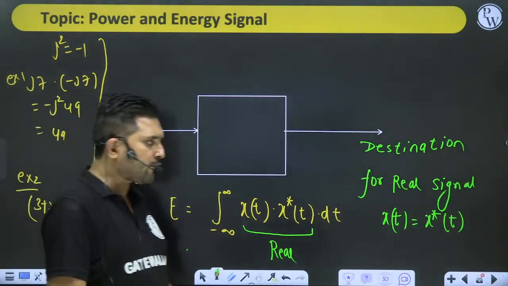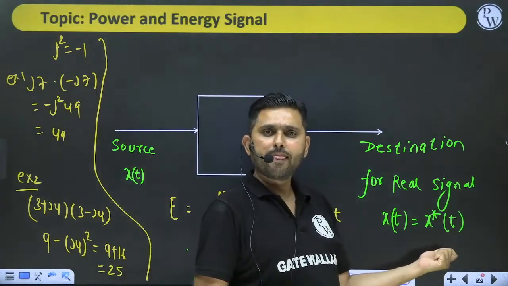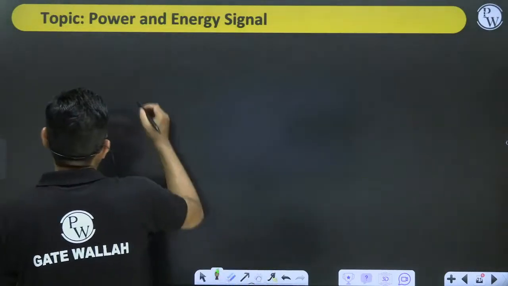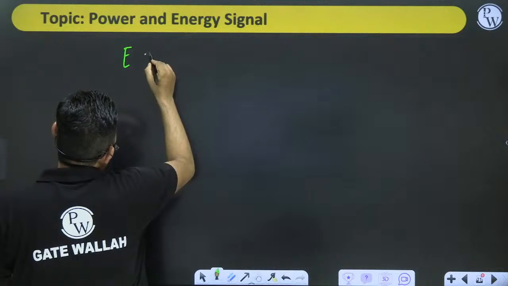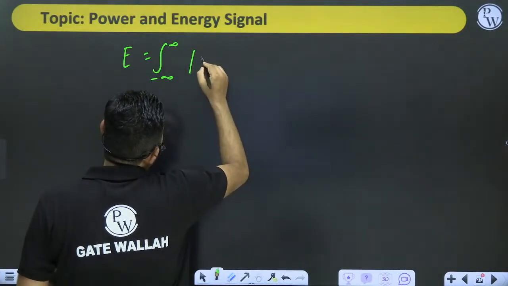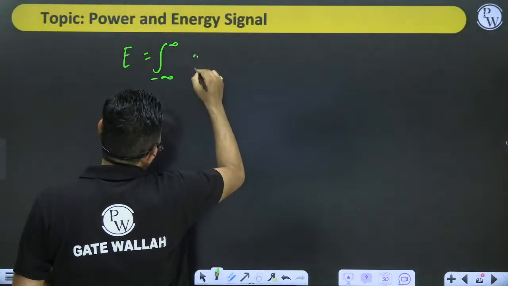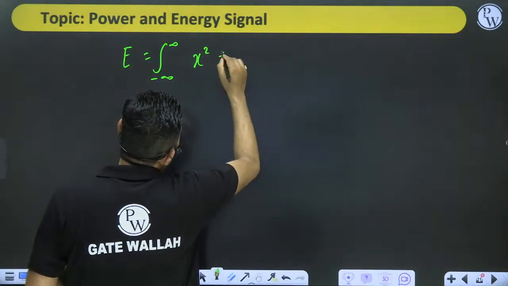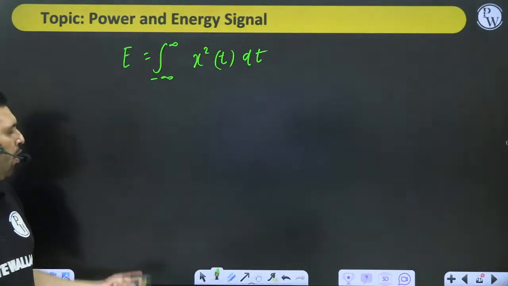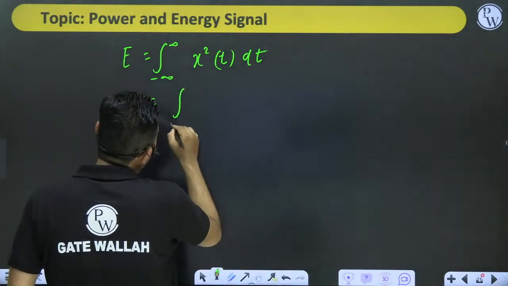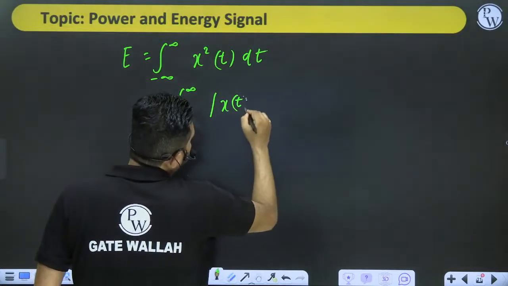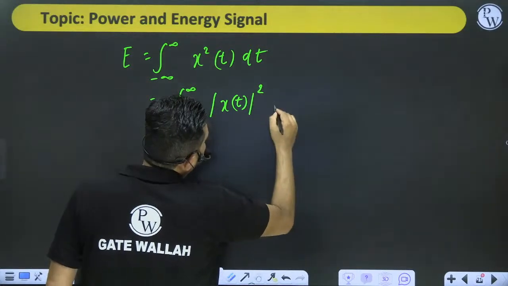If x of t is equal to x conjugate of t, then the energy can be written as the integral from minus infinity to infinity of mod x of t square dt. Or you can write this also as the integral from minus infinity to infinity of mod x of t, squared. If x of t is in general complex, then take the mod of that and then take the square.